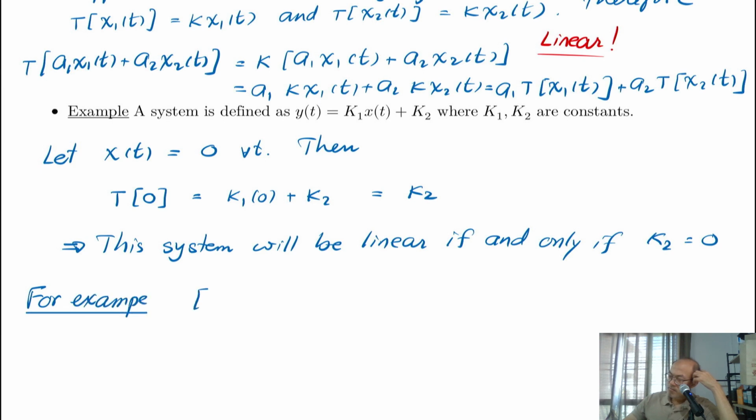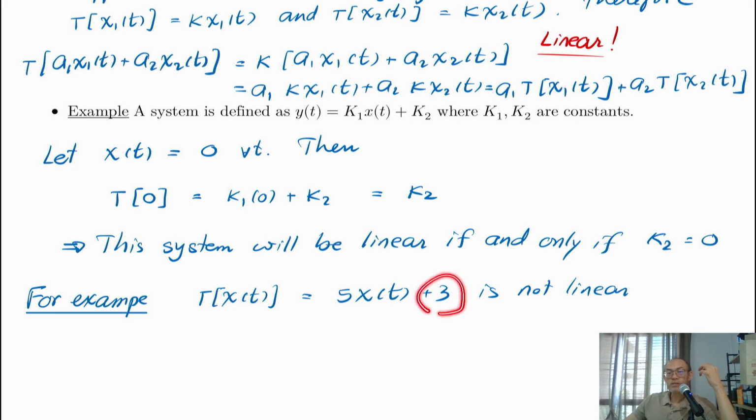So that basically means that, for example, the system T of x(t) equal to 5x(t) plus 3 is not linear, because in this case this is k2, right? k2 is not 0, so it is not linear.